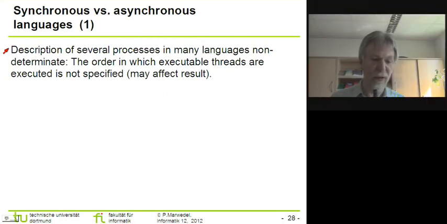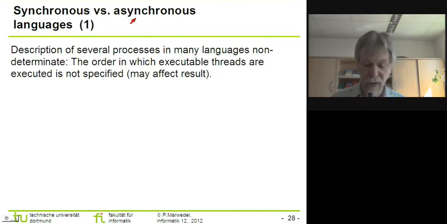If, for example, we had a wait statement in any of these languages, then we would know how long that particular thread would be waiting, but we would not be really sure after how much time that thread would actually resume. And therefore, we call such languages asynchronous languages.